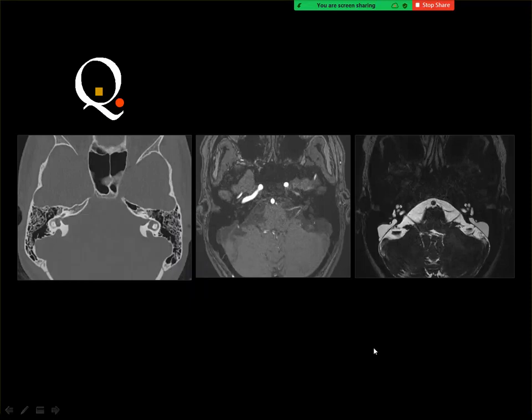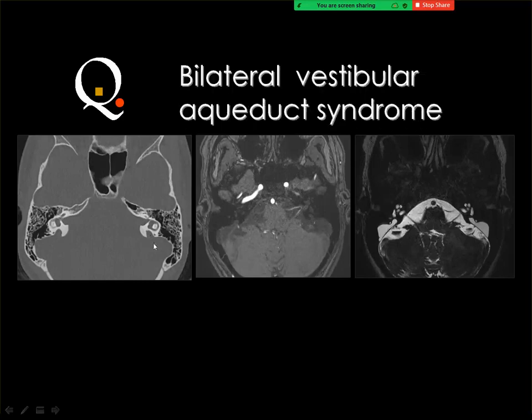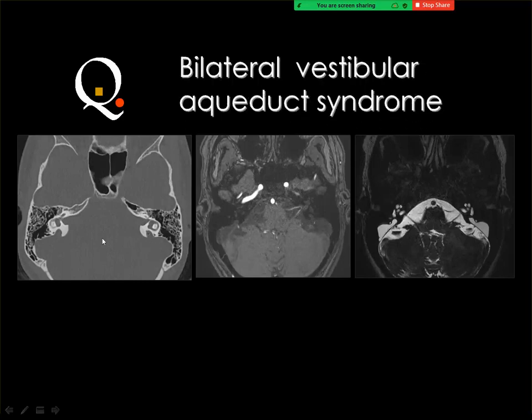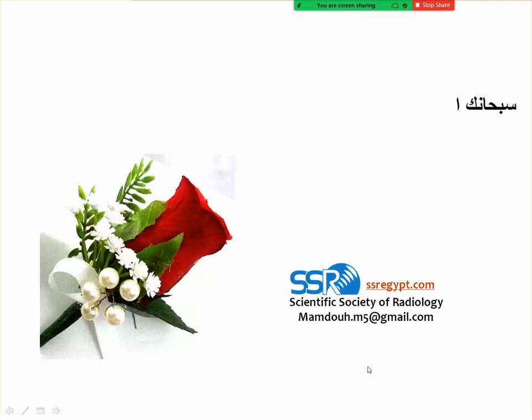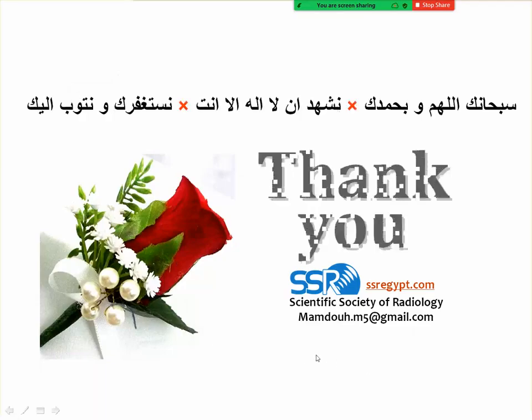This is an enlarged endolymphatic duct and sac, or what is known as vestibular aqueduct syndrome. The vestibular aqueduct is very wide on both sides, and you can also see in this MRI that the sac is very dilated bilaterally, diagnostic of bilateral vestibular aqueduct syndrome.